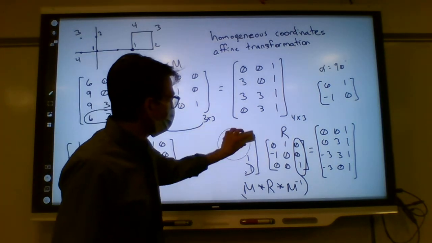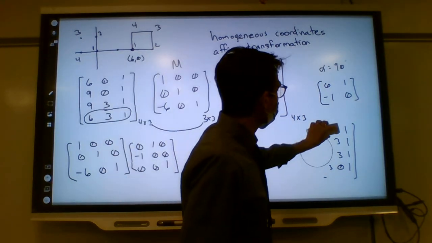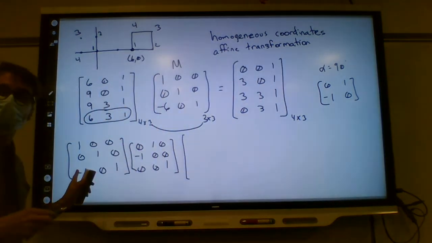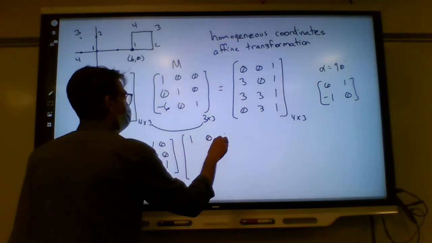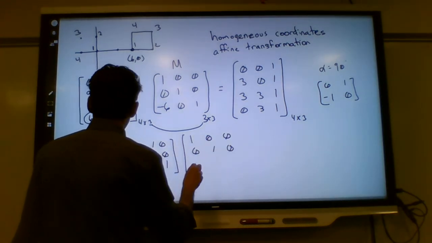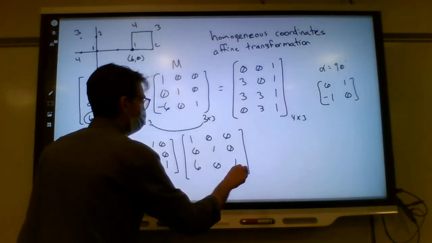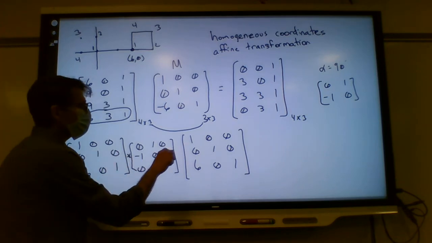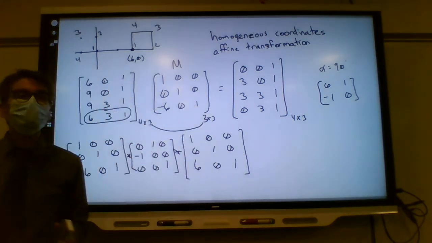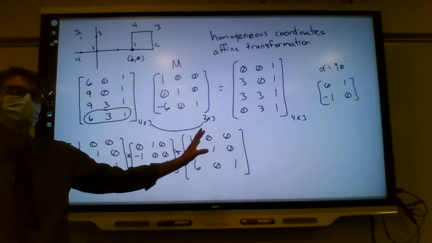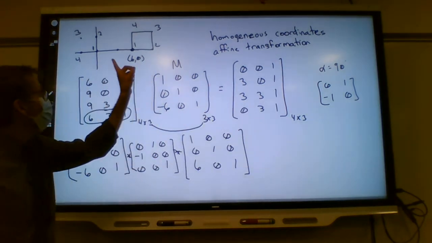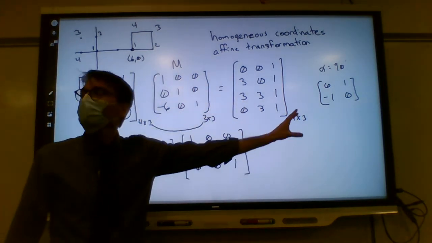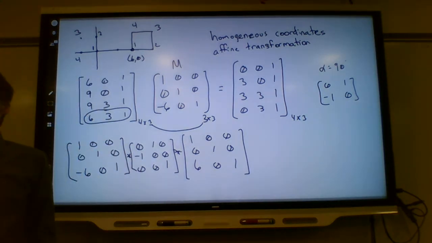And then we want to multiply that by M inverse. What is M inverse? Here's M inverse. And we want to do all 3 of these multiplications and get a single matrix. Well, I guess 2 multiplications, right? All 3 of these matrices multiplied together. Get a single matrix, and then we're going to apply that, right? Multiply the original by that, and see if it does the rotation and puts things in the right spot.